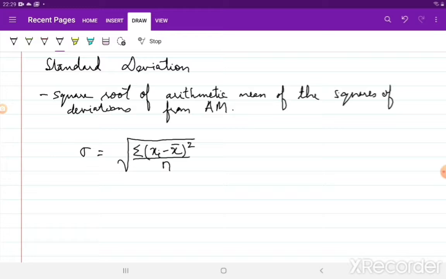And if you have frequency based data, the same thing can be written as the square root of summation of frequency times xi minus x bar whole square divided by n.